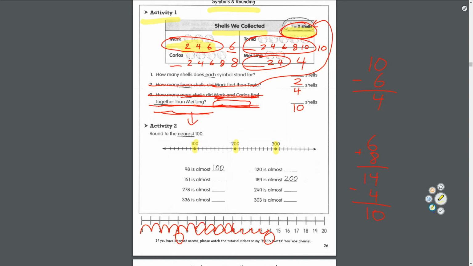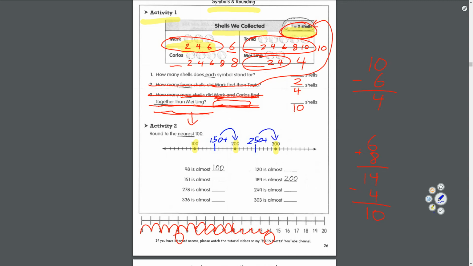And remember the rule for rounding. If we're talking about hundreds, if your number is 50 or above, you go to the next 100. So if it was 150 or more, you're going to go up to 200. If it was between 200 and 300, 250 or more, you're going to go to 300.